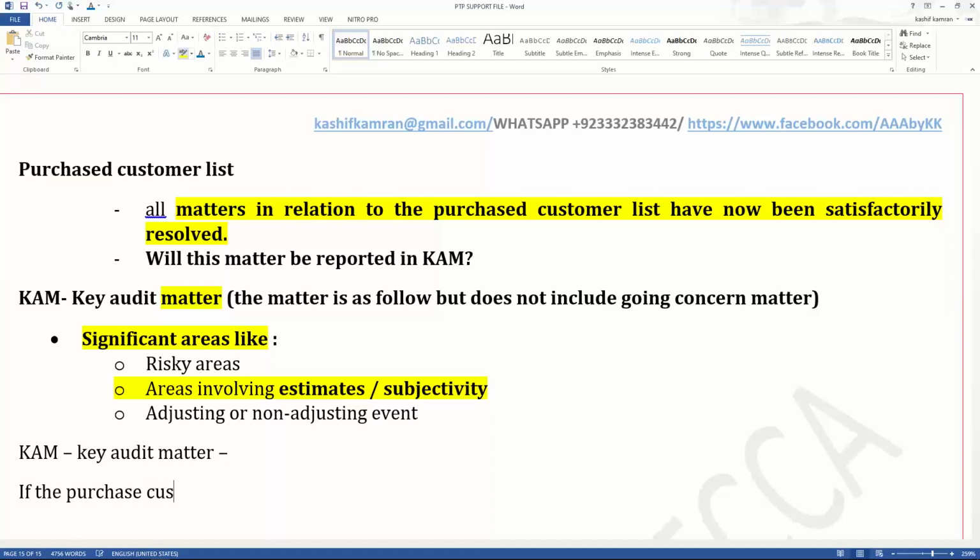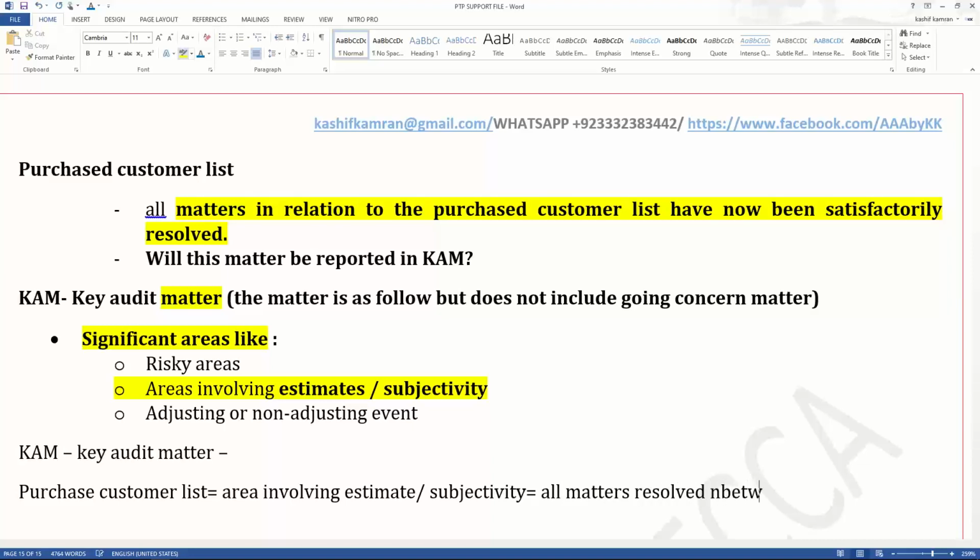If the purchase customer list is equal to an area involving estimate and an area involving subjectivity, is it equal to all matters resolved between the auditor and management?